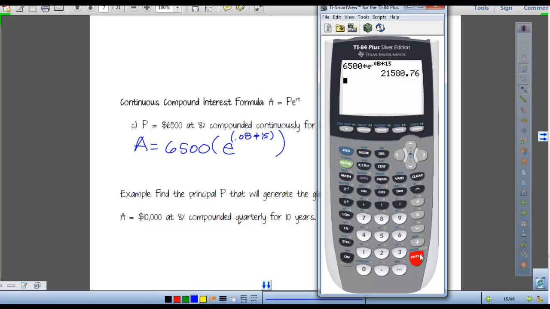My interest, I would subtract 6,500 from that to get $15,080.76. Okay. Questions about this?